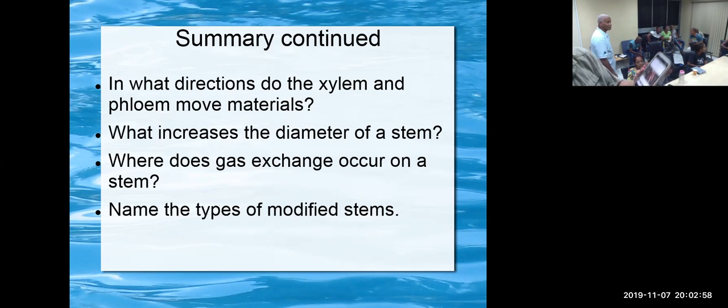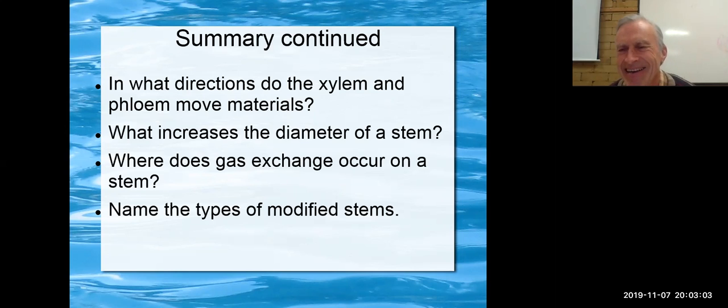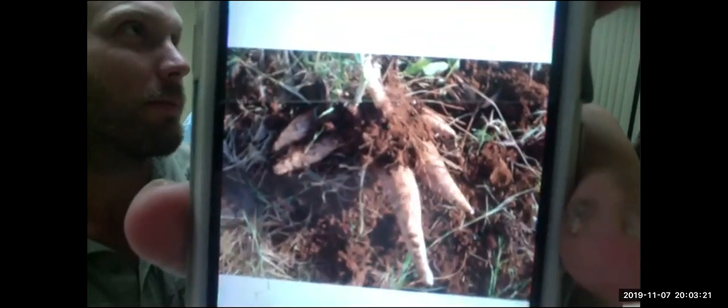Steve, we got a picture of the cassava. Now I'll be able to see it better. It's hard to tell from that picture whether it's a root or a tuber.